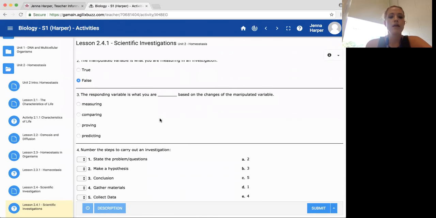Okay. The responding variable, which is what I would be calling the dependent variable, is what you are blank based on the changes of the manipulated variable. So responding variable is what we are going to be measuring. It's going to be either quantitative or qualitative data. So you can measure with your 5 senses, sight, hearing, touch, taste, all those ones.